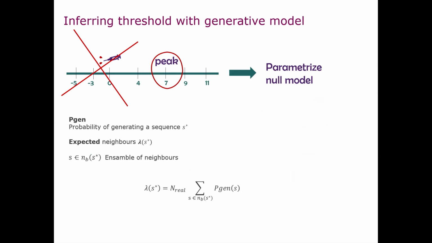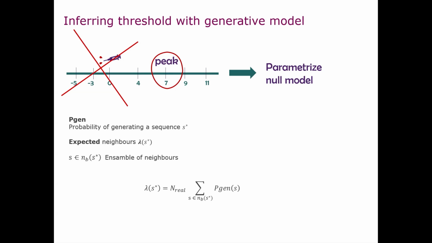By expected, I mean that if I have a sequence s star, how many neighbors I would expect this sequence to have in a healthy patient, so in absence of immunization. And this is simply the sum of the probability of occurrence of all the sequences that belong to the ensemble of neighbors of my sequence s star, and of course multiplied by the total number of sequences that I have in my data set.